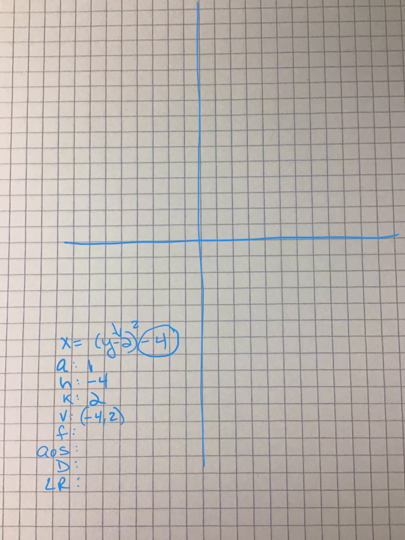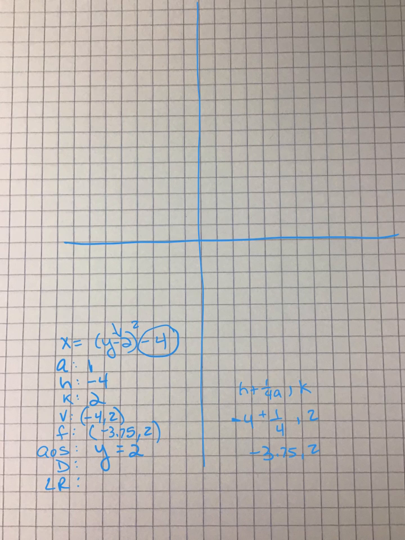And to find the focus, we write down the formula, and it's H plus 1/4A, K. Well, the H is -4 plus 1/4, 2, which is -3.75, 2, I believe. Axis of symmetry is y equals k, and k is 2.